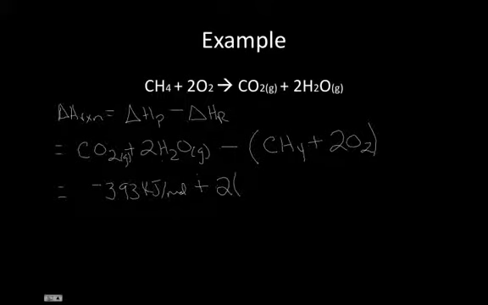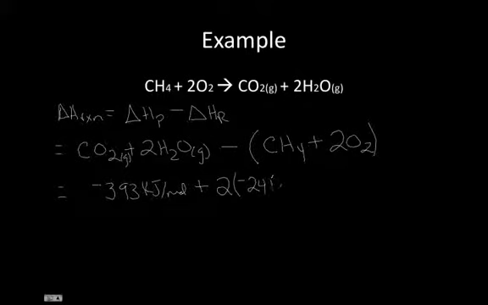And then we add the water, but we need to multiply the value that's for the water by 2 because we have 2 of them in the reaction. So if you look up water, you will actually find that there are 2 values for water. You'll see one that has a little L after the water, and you'll see one that has the G after it. We want the one that has the G because that means it's the gas. And it does differ, the amount of energy does differ, so the state is very important.